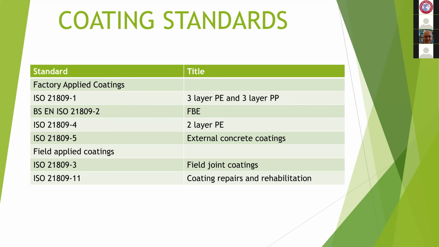And then it's up to you to select the ones that you think apply and then ask them to do tests to prove that they meet the minimum requirements. The coating repairs and rehabilitation was also a difficult one to write because of the many varied conditions. But we did actually provide you with a matrix to allow you to decide what the residual risks were. And we described some ways of locating those areas that need to be attended to.